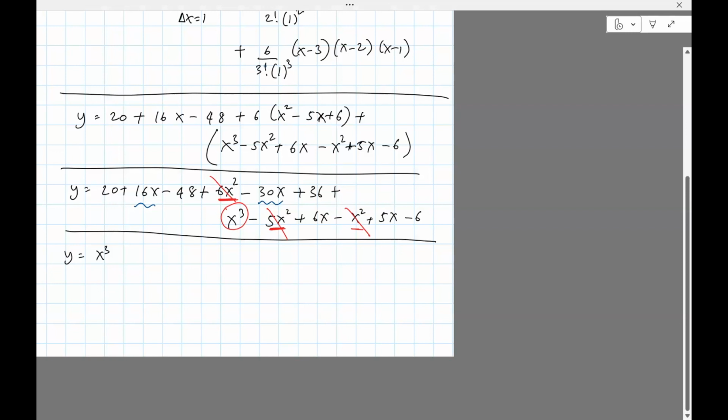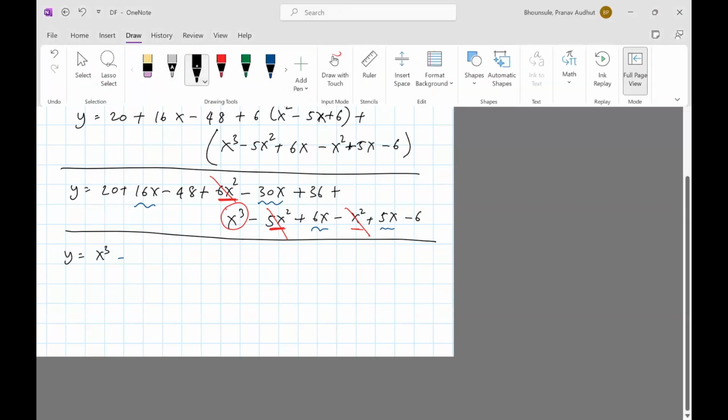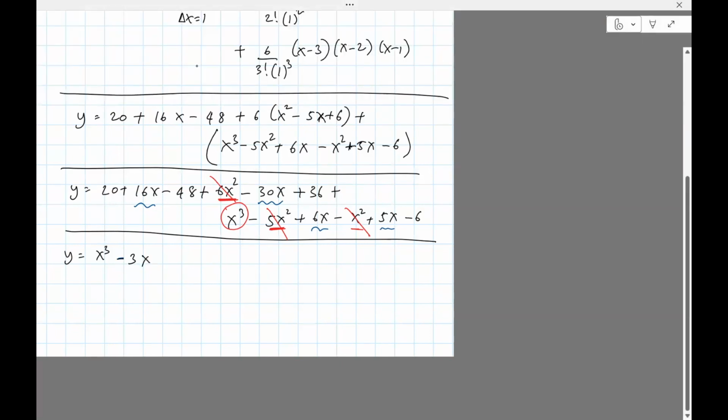That's only minus 14x plus 6, so minus 8, plus 5. So 3x minus 3x. Very good.